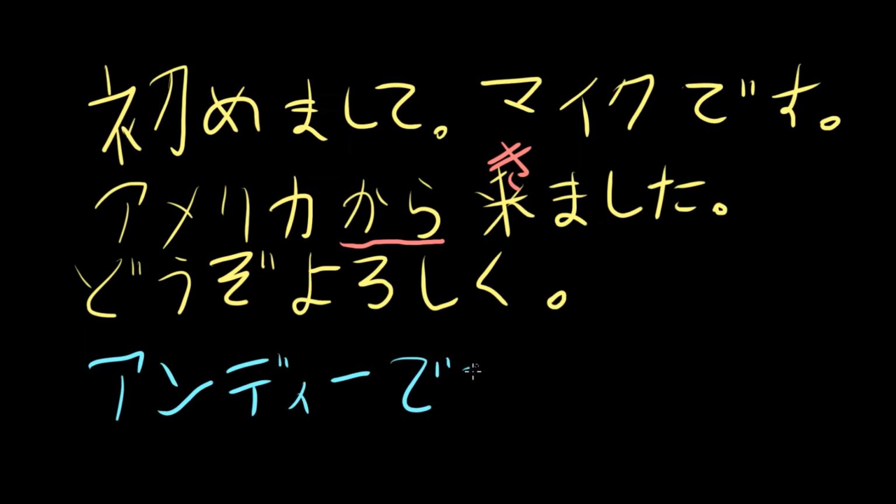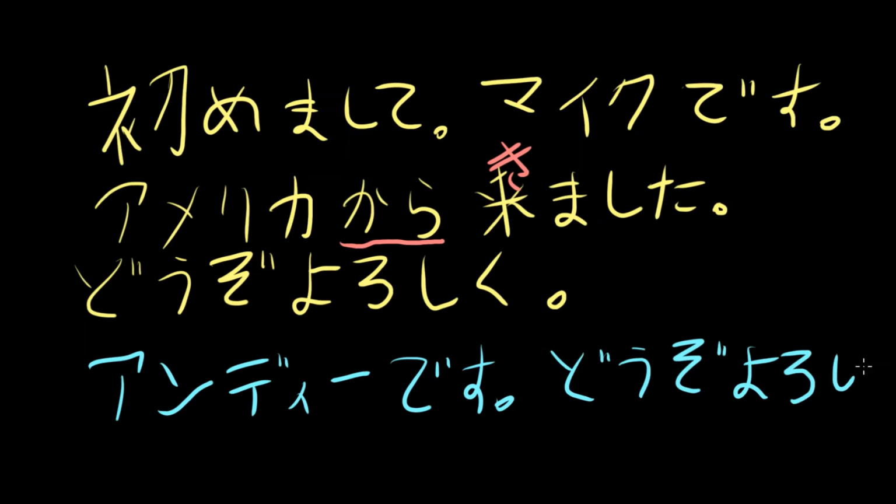Andy です。どうぞよろしく。So these are two people talking to one another in Japanese. はじめまして、マイクです。アメリカから来ました。どうぞよろしく。Andy です。どうぞよろしく。Just a polite way to greet one another if you haven't met each other before. Okay.